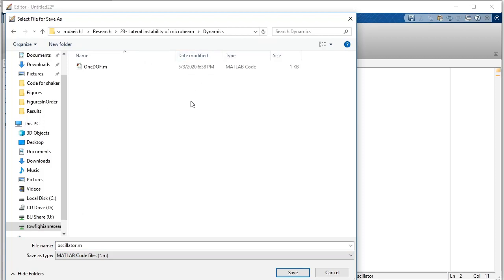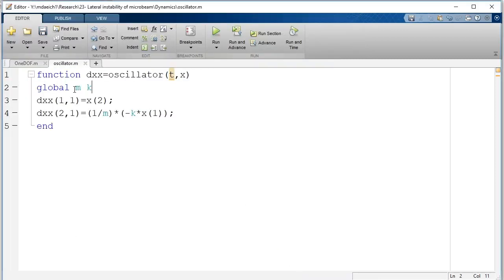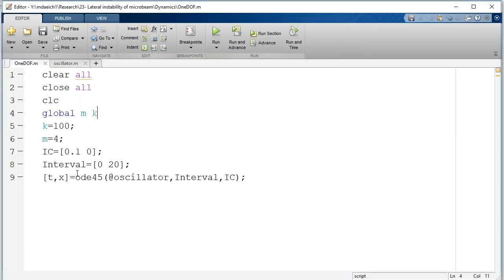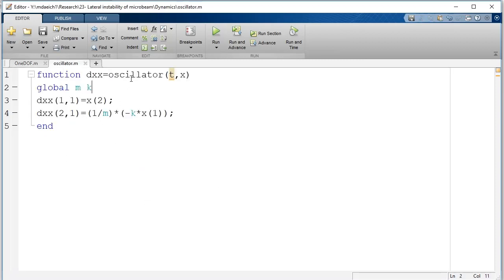Hopefully you are familiar with this, but if not, this is basically how it is done. You have to save your code and also your function within the same folder, and your function should have the same name as you gave to it in your code. Here we are calling on function oscillator, and the name of this function should be oscillator here, and also for the name of the file.